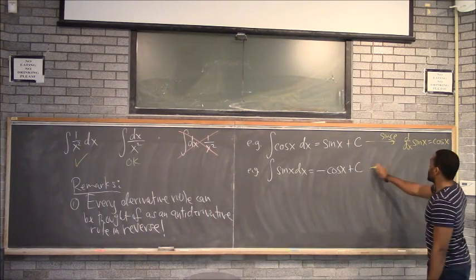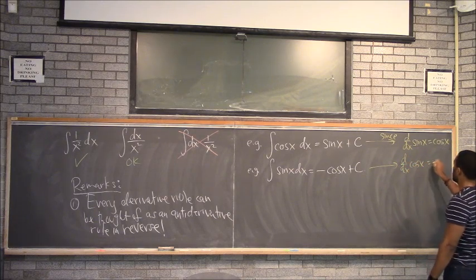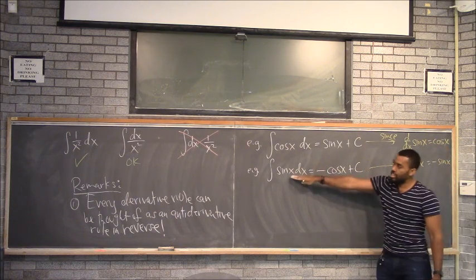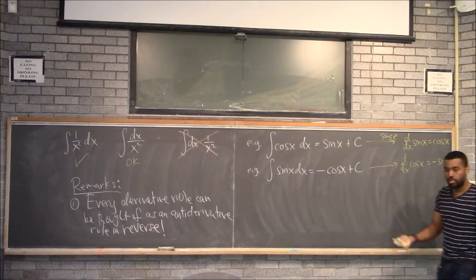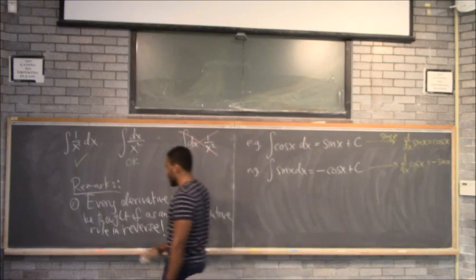Well, that's because if I take the derivative of the cosine, I get negative sine, right? Now a lot of people think, oh, when you're differentiating the sine, there's a plus sign over here, so they automatically think that the integral of sine is positive cosine. That is something that I see all the time. Why does that happen? I can tell you exactly why it happens.